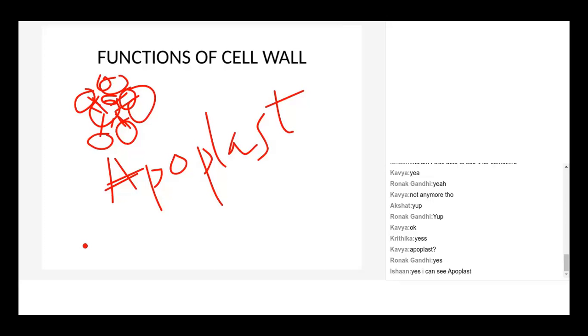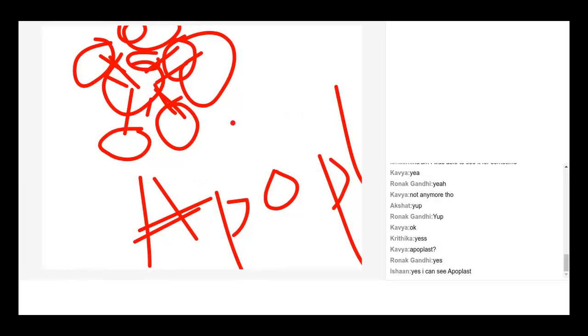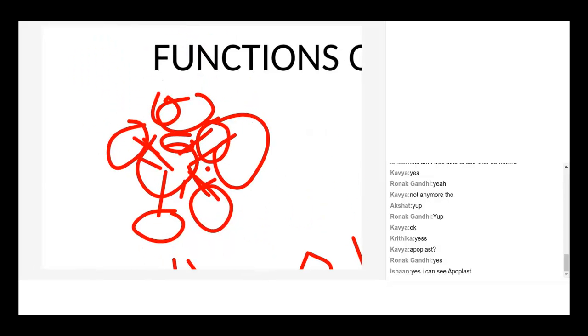So the communication happens because of the bridge-like structures between the cells called plasmodesmata. Here you can see the bridge-like structures between each of the cells. Those bridge-like structures are called plasmodesmata.